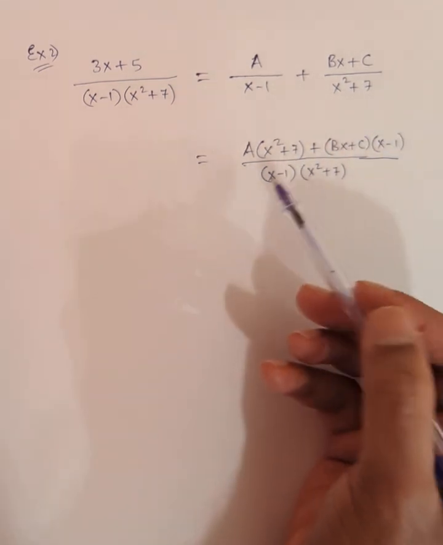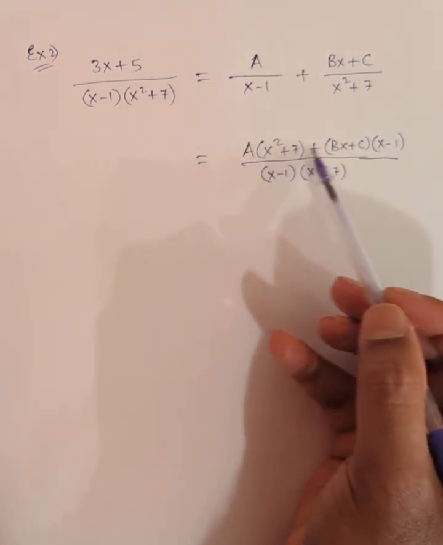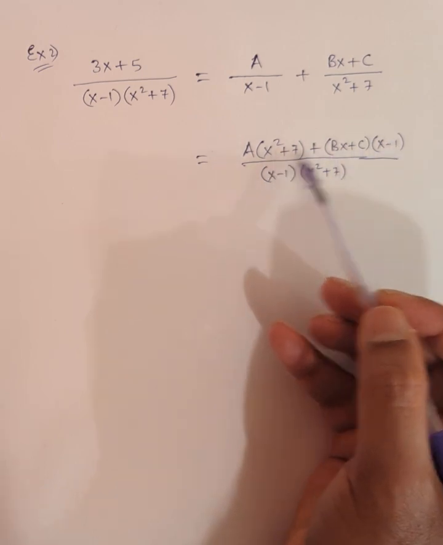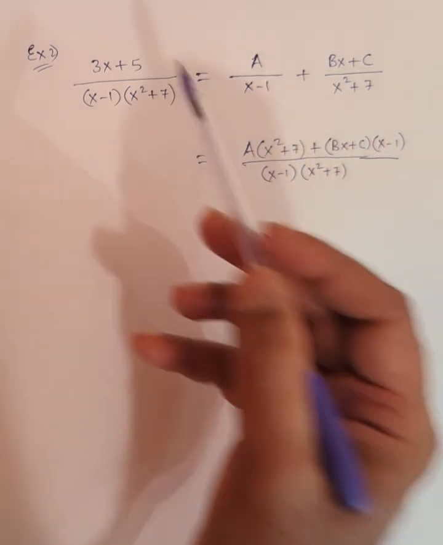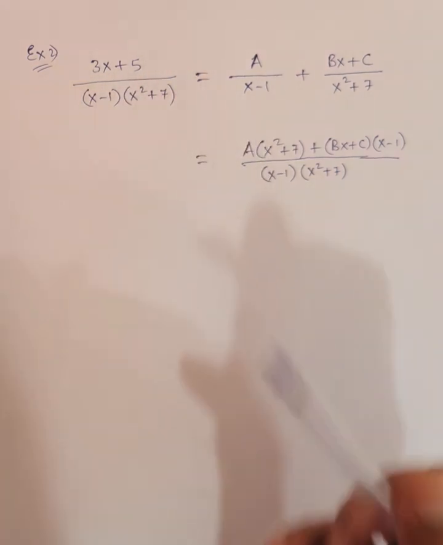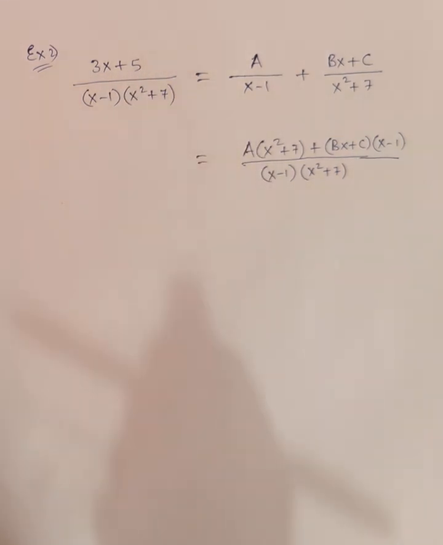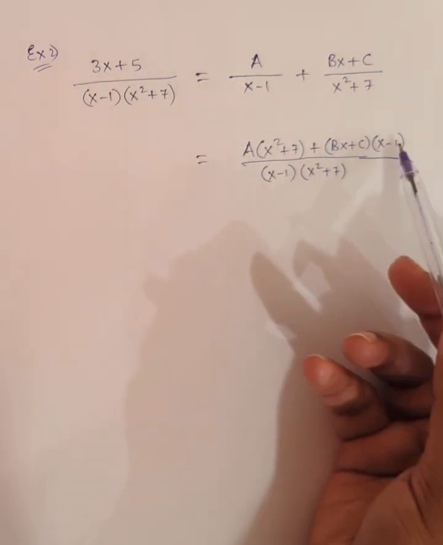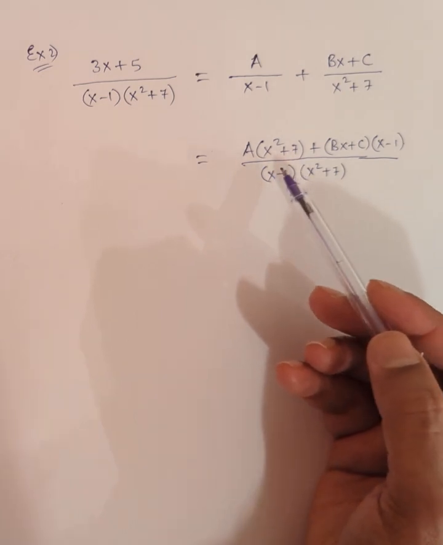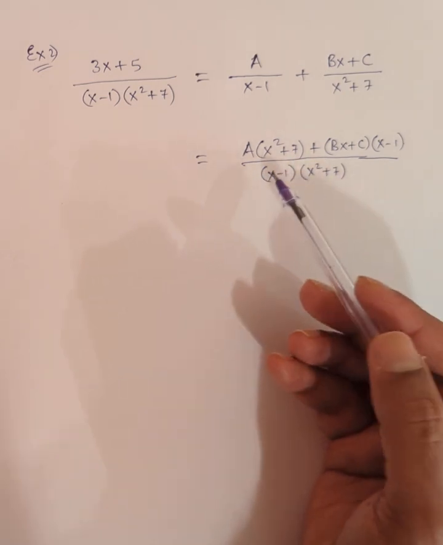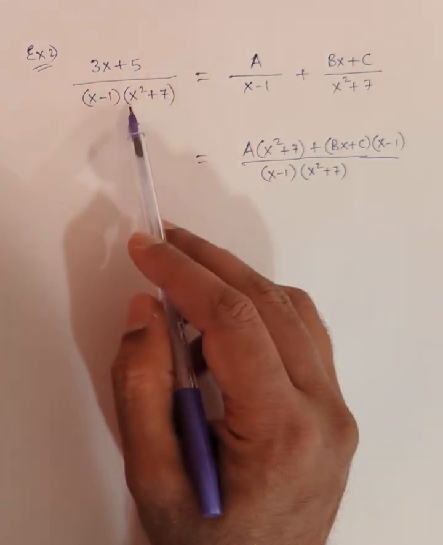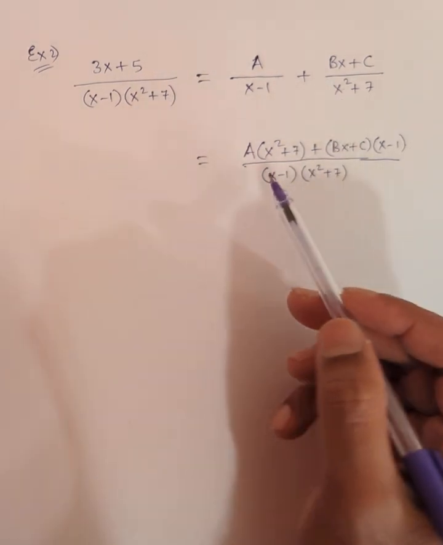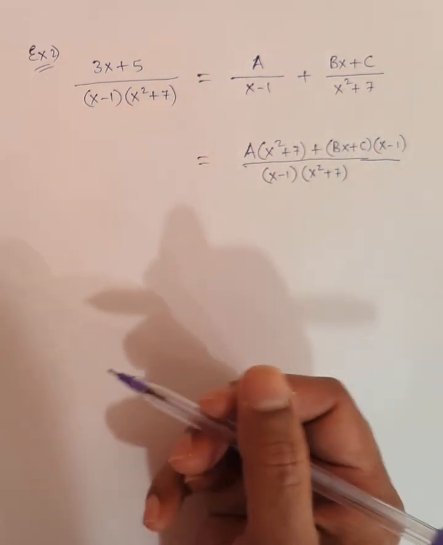And notice you want to take this polynomial in the numerator, equate it to this polynomial, and actually solve for three unknown constants a, b, and c. And let's skip that part. I just wanted to show how to set up, and the algebra can be done later on.